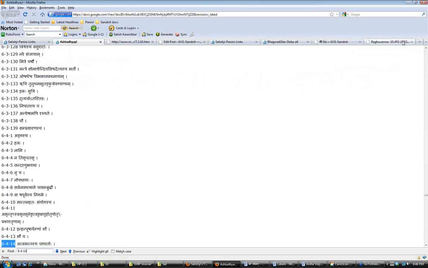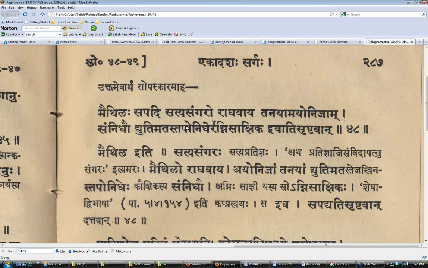So Janaka offered Sita to Rama in the presence of Vishwamitra, Janaka who was true to his promise. Immediately, sapadi is an avyaya, sapadi is immediately. Immediately offered, because that's the connection.